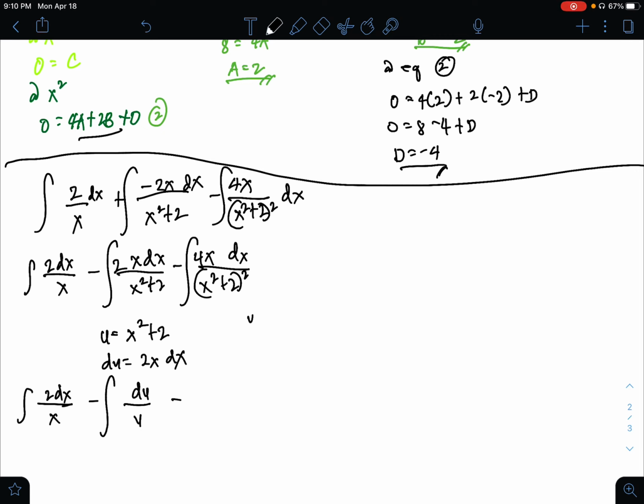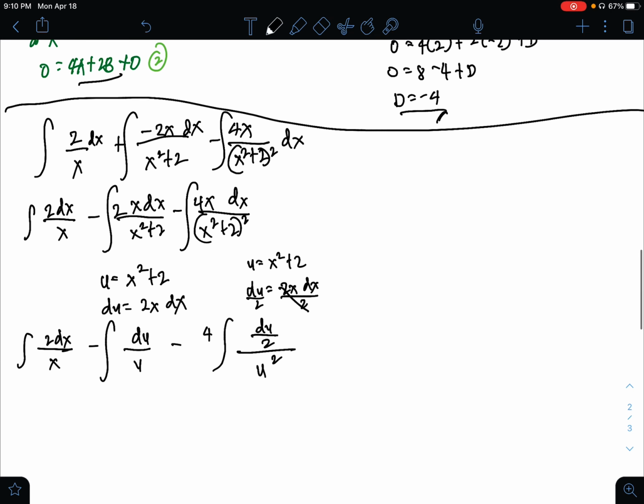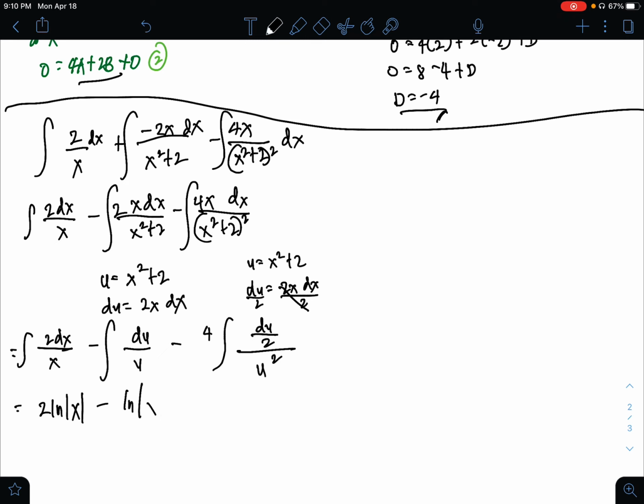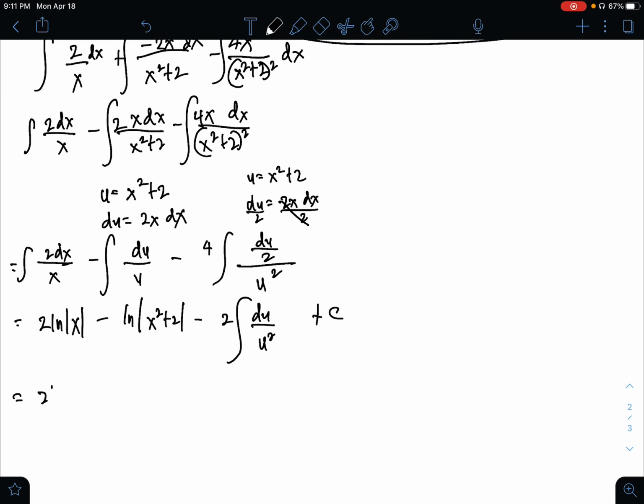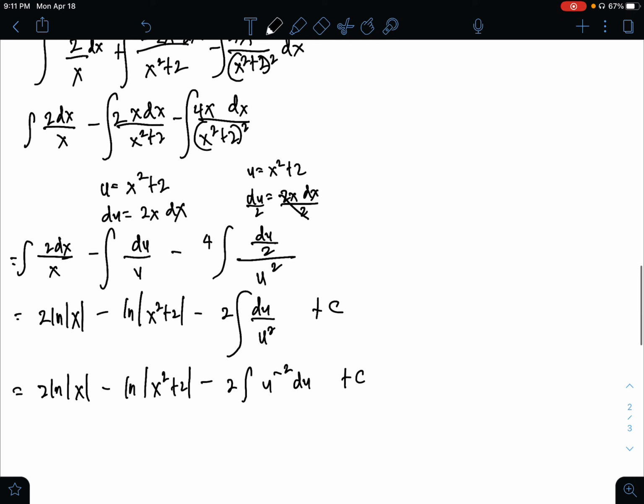So u is x squared plus 2, du is 2x dx, so x dx is du over 2. Then the denominator is u squared. Therefore this is 2 ln of x minus ln of u, which is x squared plus 2, minus 4 over 2, that's 2 du over u squared. Okay? So that is 2 ln of x minus ln of x squared plus 2 minus 2 integral of u to the negative 2 du plus c, we forgot the constant, no?